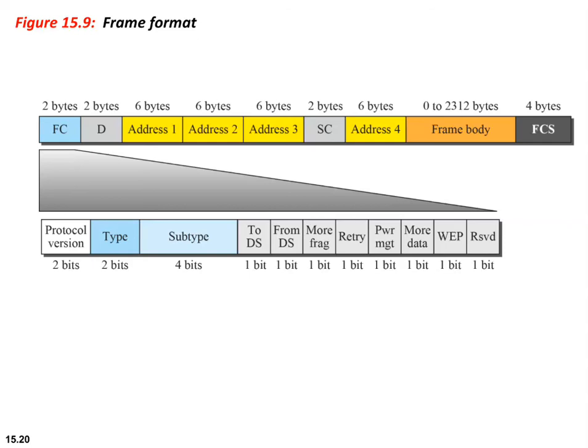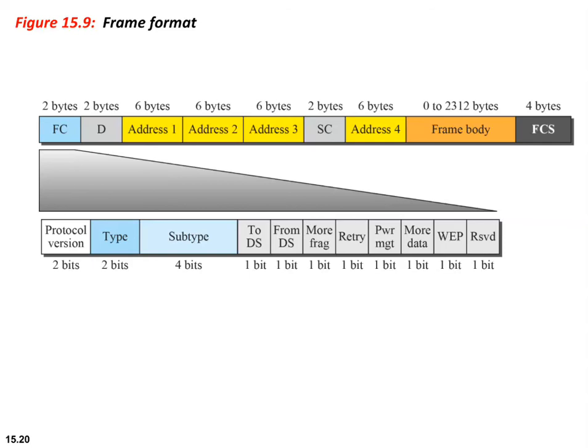Address 1, address 2, address 3, address 4 depend on these To DS and From DS values. Whenever To DS and From DS are 00, you will have address 1, address 2, address 3 used, which tells that the data transmission is within the basic service set. Address 1 will be the destination address, address 2 will be the source address of the stations, and address 3 will carry the ID of the basic service set.